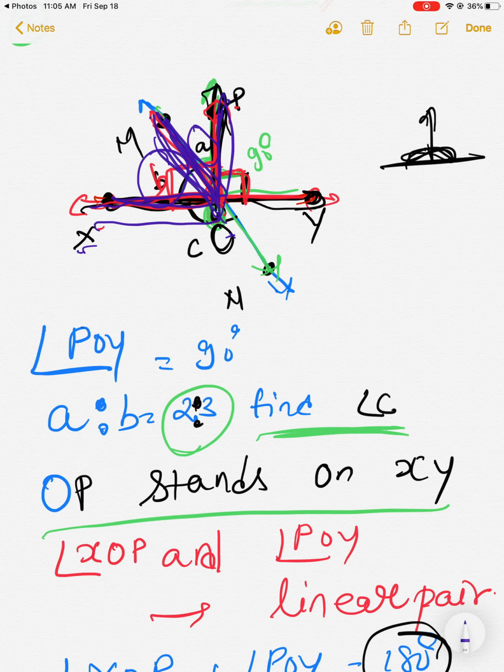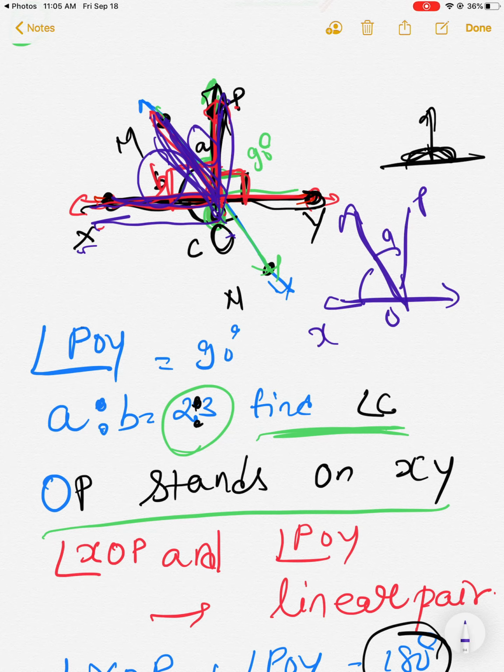Total, which angle is made? They are making POX, like this. Here this is XOP and one ray is there. Now this is angle A and this is angle B. This we have named as M. So XOM plus MOP, they are making 90 degrees.